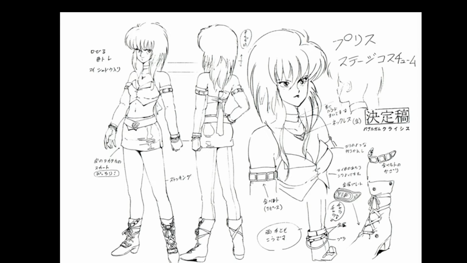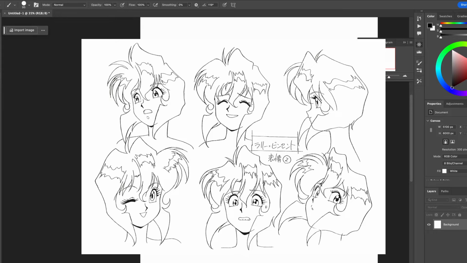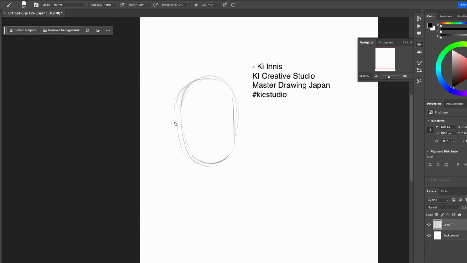Okay, so I'm going to jump right into it. When it comes to how you do an anime manga character design, this particular industry is so diverse.